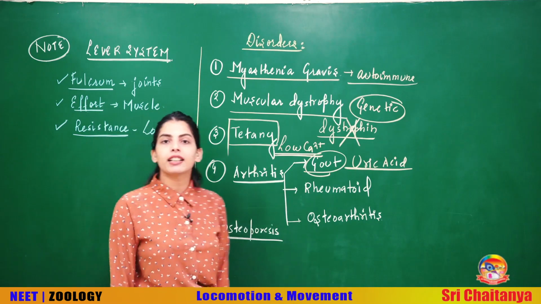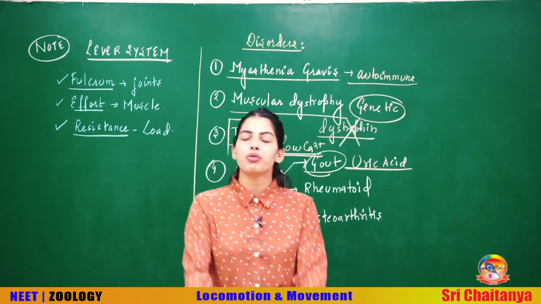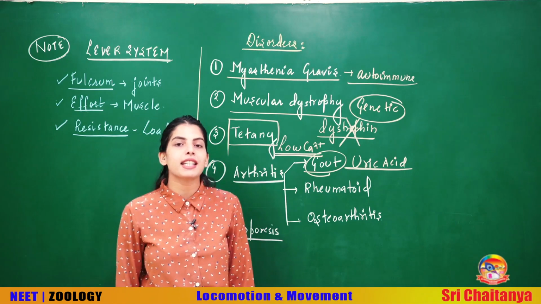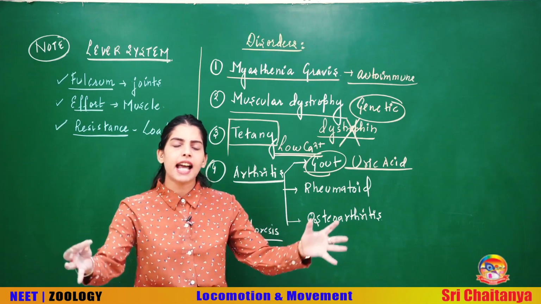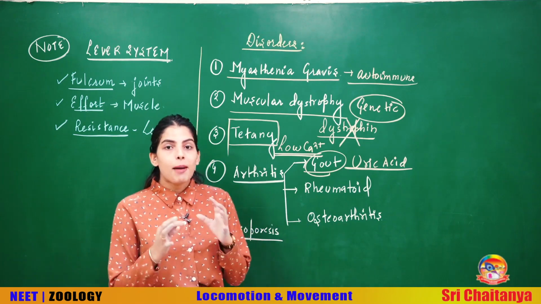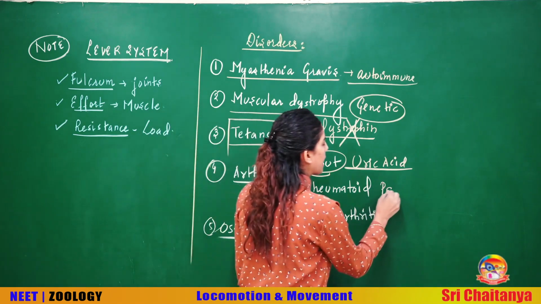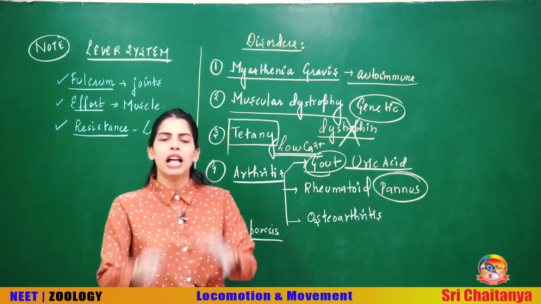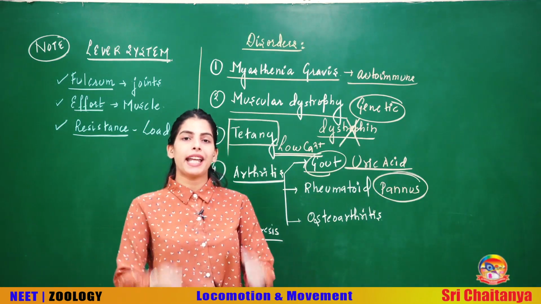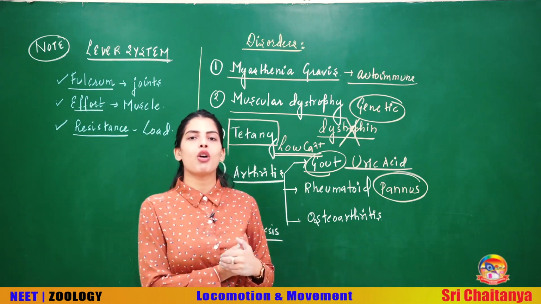In rheumatoid arthritis, the inflammation is seen in the synovial membrane. An increase in the synovial fluid is seen. Abnormal granules called pannus are formed, and these abnormal granules and the increase in the synovial fluid exert more pressure on the joints.